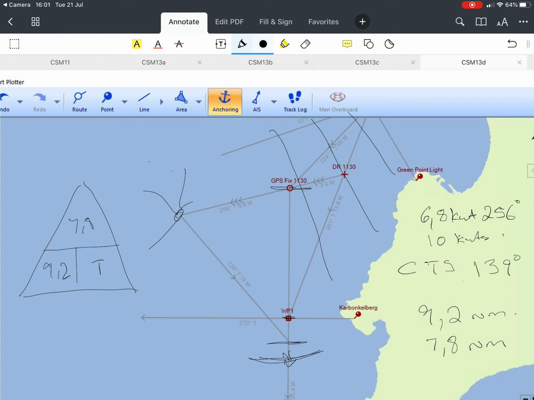So 85% of 60, it's going to be an additional 51 minutes. So 11:30 plus 51 minutes means our ETA is going to be 12:21. Okay, it's not that difficult.